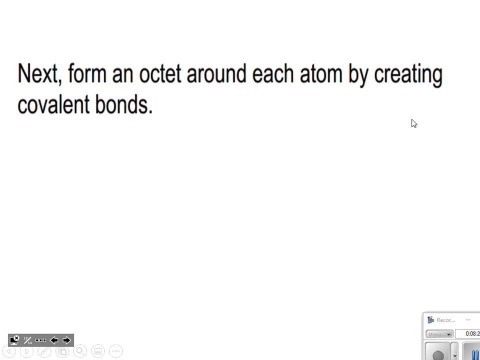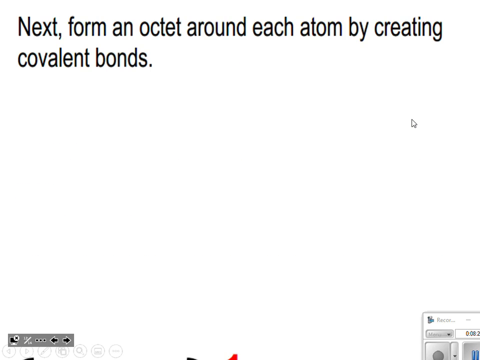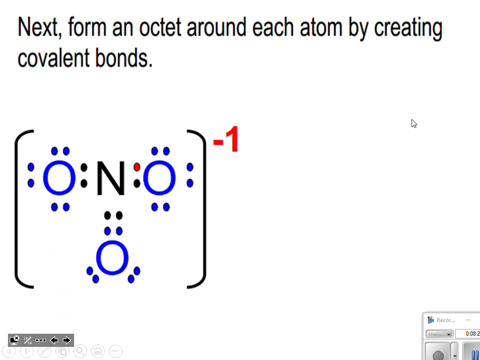So, as I look at my covalent bonding, here is the polyatomic ion NO3 1-. Now, that is what we call the nitrate ion.